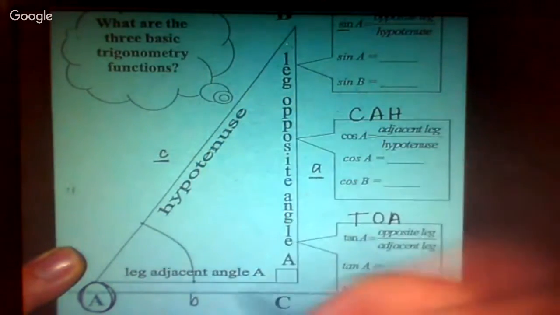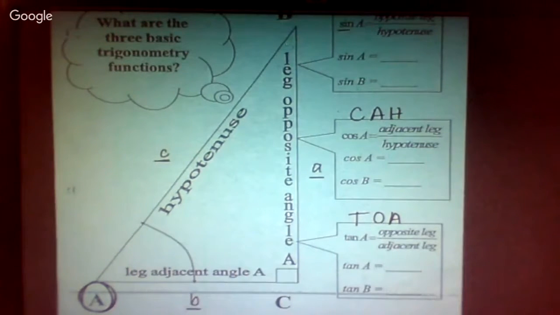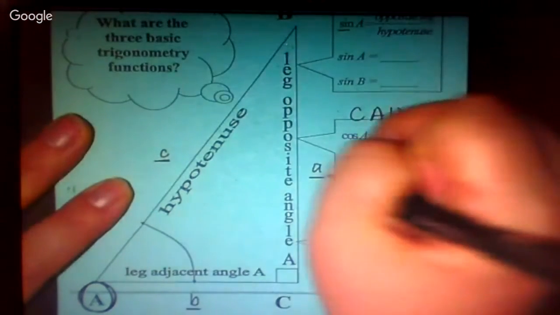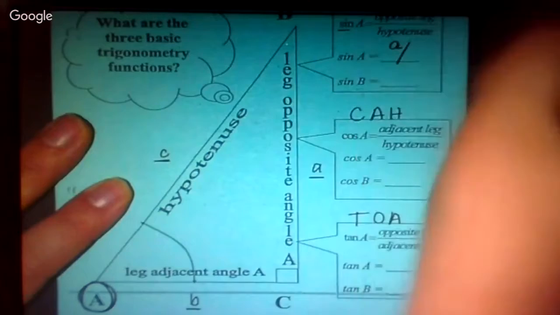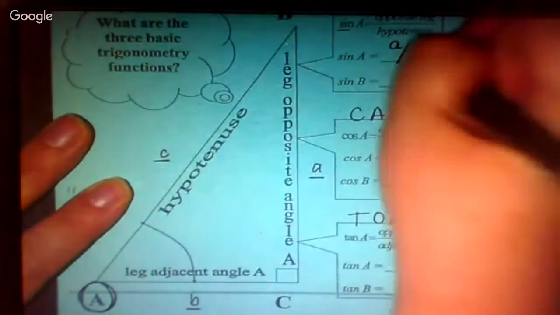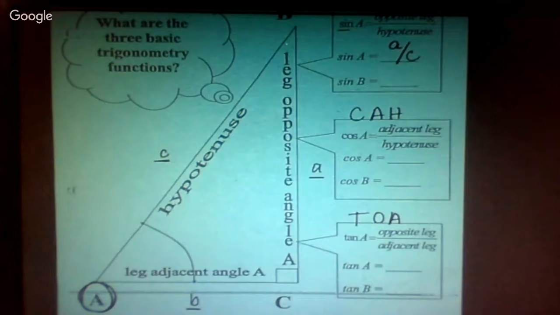This is your opposite. This is your adjacent. So if I'm trying to find the sine of angle A, I would take leg A, because that's my opposite leg, and I would divide it by leg C, because that is my hypotenuse. When we actually go to solve, there are going to be numbers there. So it's not going to be A divided by C, it's going to be like 10 divided by 22.